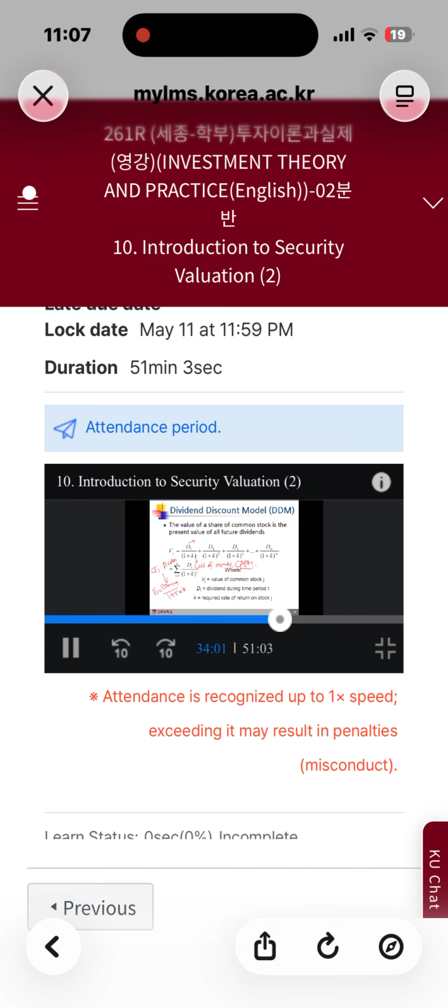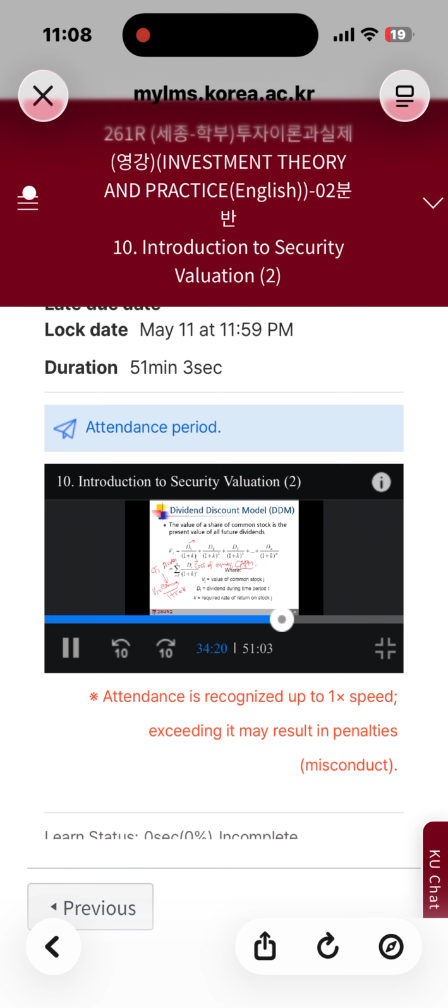Anyway, this model is useful if the firm pays certain dividends. But as you know, a lot of firms do not pay dividends. Rather, they reinvest their earnings. So in this case, we may not apply a dividend discount model.